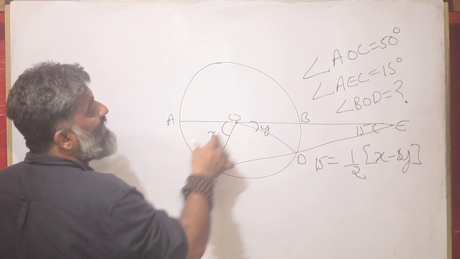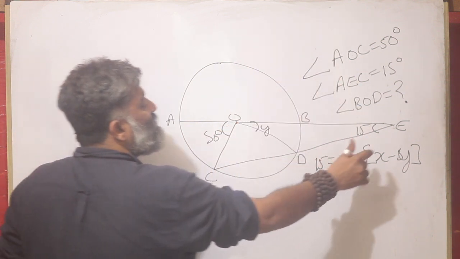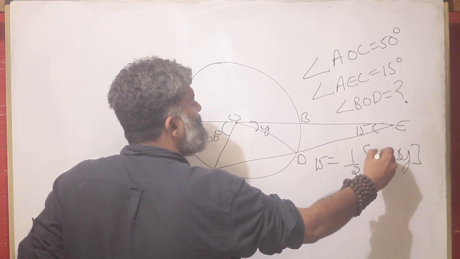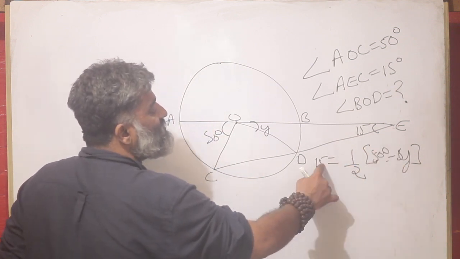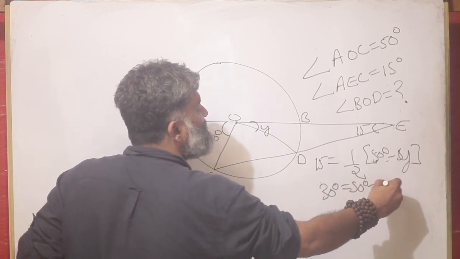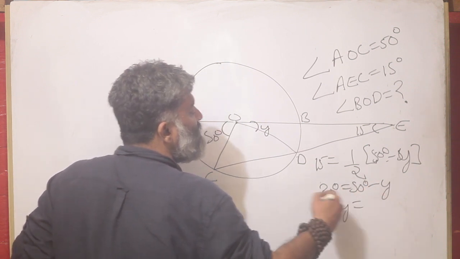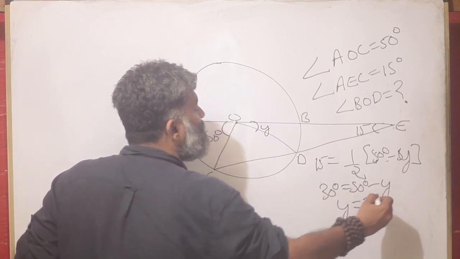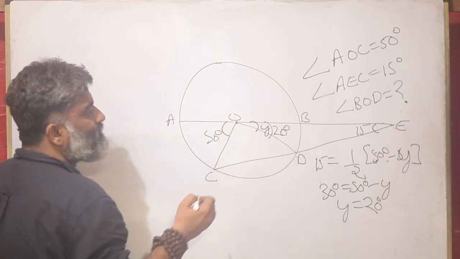I also know x, angle AOC, is equal to 50 degrees. That's it, I just have to solve this equation. This 2 goes here, so I get 30 degrees is equal to 50 degrees minus y. And therefore y is equal to 50 minus 30, or 20 degrees. So this angle is 20 degrees.